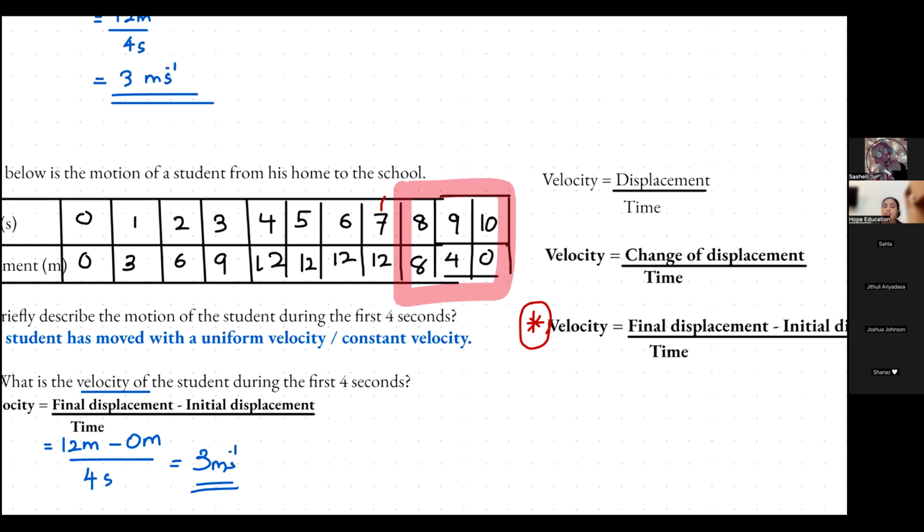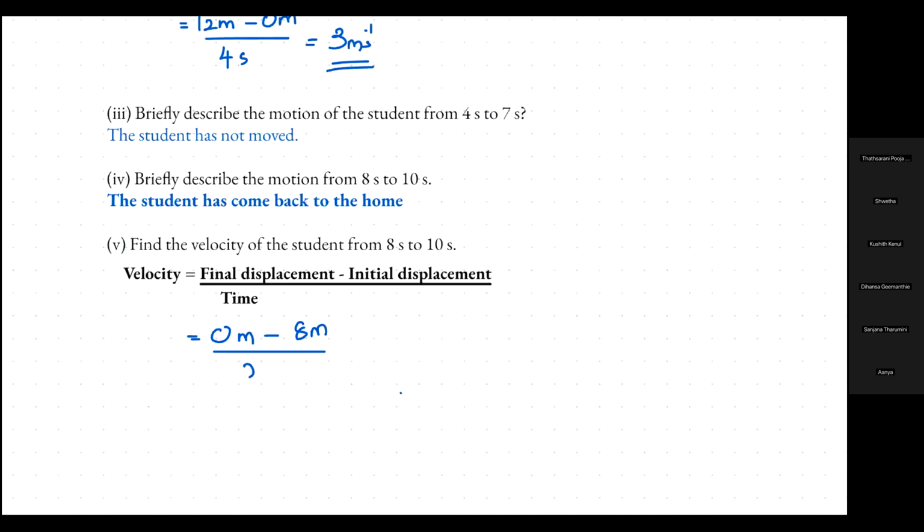For the squared part, from 8 second to the 9 second, 1 second has gone, and from 9 second to the 10 second, another second has gone. So altogether 2 seconds. The time taken for that part is 2 seconds.